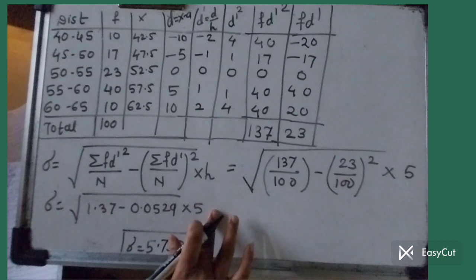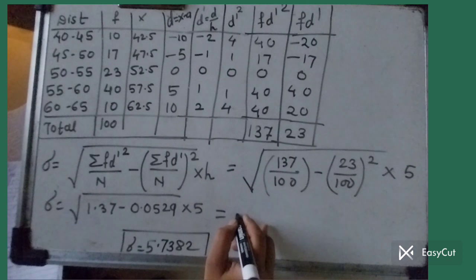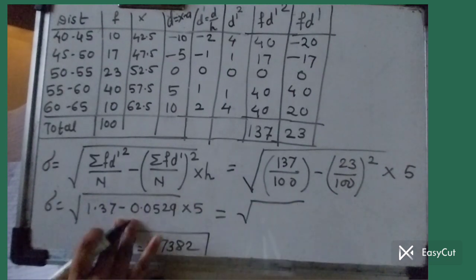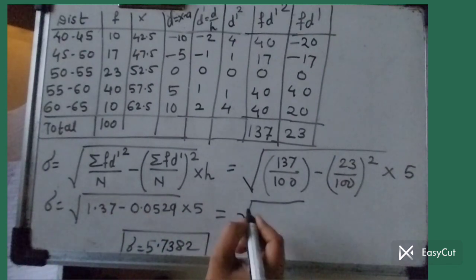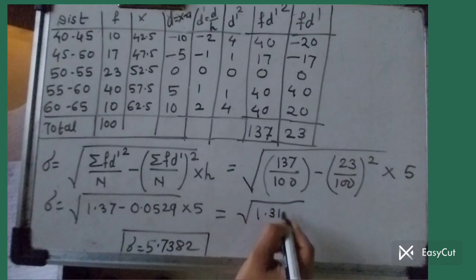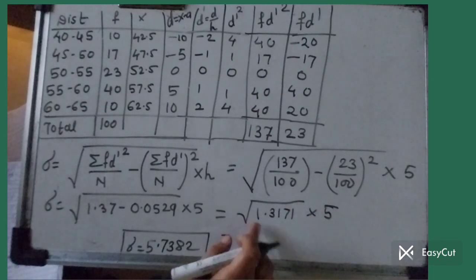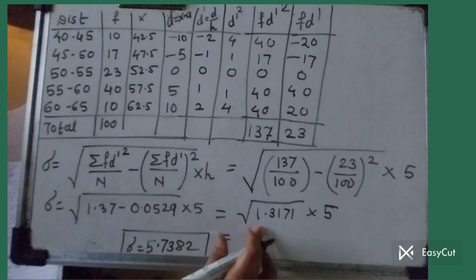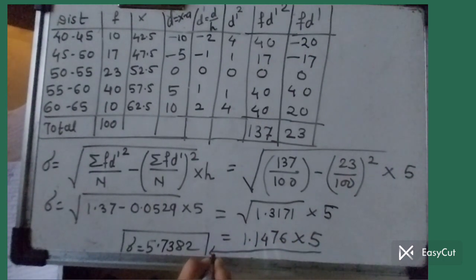Under root, take a subtraction, put all these values in a calculator and find out. So subtraction is 1.3171 into 5. Here take a square root of this number. So it is 1.1476 into 5, and this product is 5.7382. Check in the calculator.